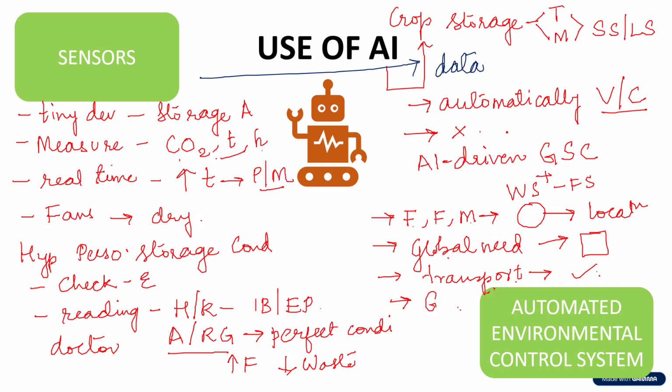And at last it is also acting as a guardian. How? By predicting potential food shortages.